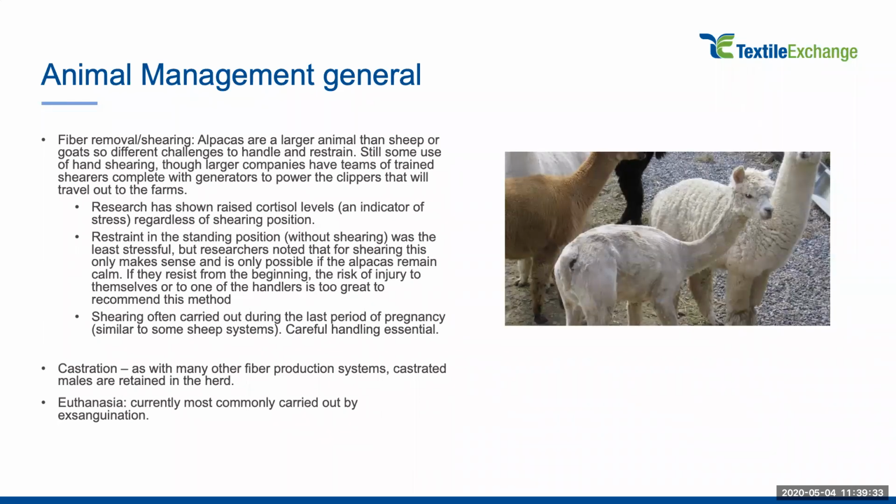This will be, I think, one of the challenges we'll have as we're working with the alpaca breeders in Peru and elsewhere: the availability of other suitable equipment. Though again, there are companies buying alpaca fibre who are working with breeders who are trying to look at alternative options and what can be done with breeders in these remote areas. But again, we know this is a topic we'll be looking at within the standard.